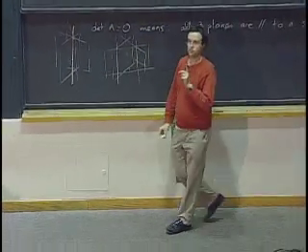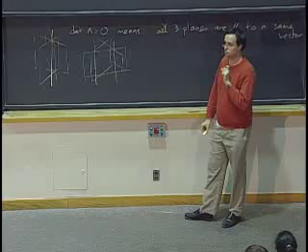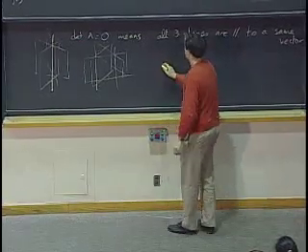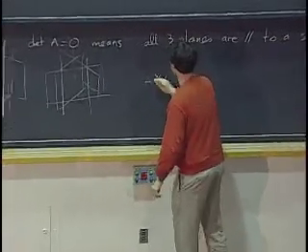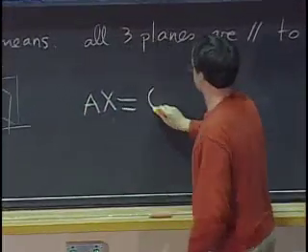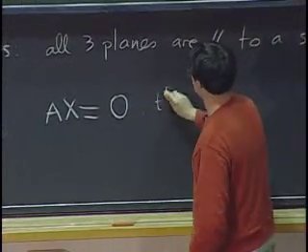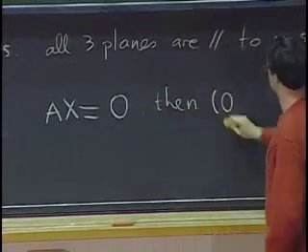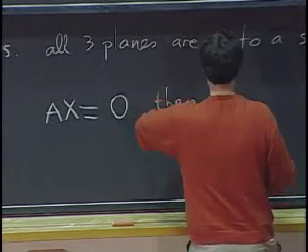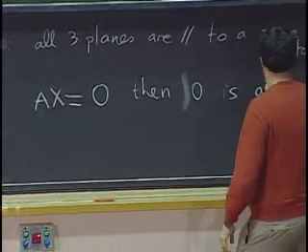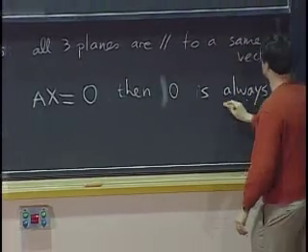There's one important situation where we have seen we must be in the first case. That's when we have a homogeneous system. That means if the right-hand side is 0, then x equals 0 is always a solution.